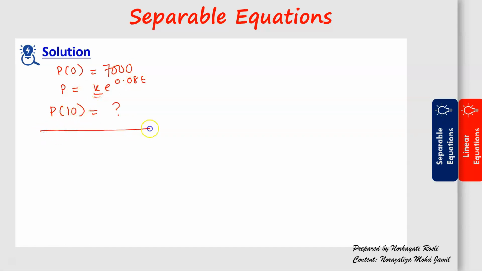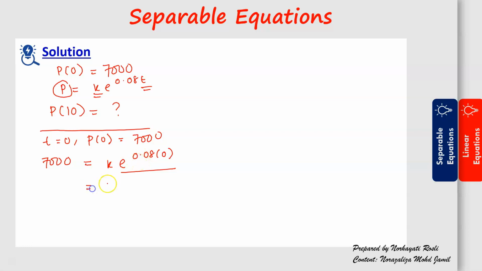How to get this? We have t equal to 0, P at 0 equal to 7,000 people. So when the time is equal to 0, we substitute P with 7,000, which equals K exponential of 0.08 times 0, where t is substituted with 0. The exponential of 0, using your calculator, equals 1. So directly we get K equal to 7,000.